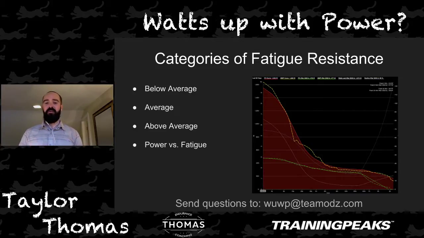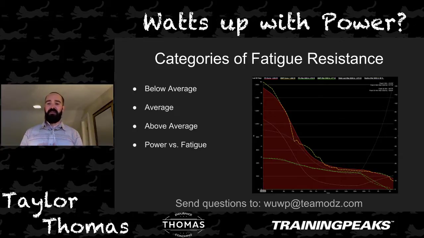The fatigue profile compares durations within those time periods, and ultimately the intent and goal is that by comparing within those ranges, we're able to more closely and more accurately reflect the systems that are at work in the body. So the power profile is kind of your base level.